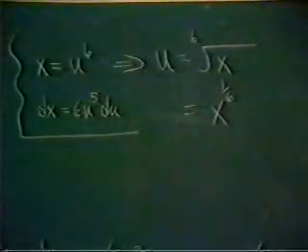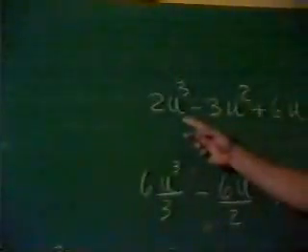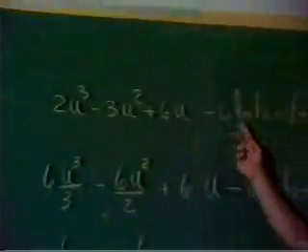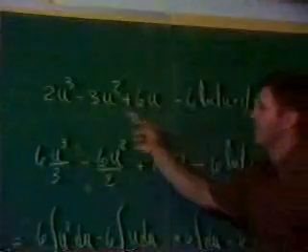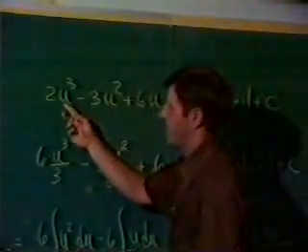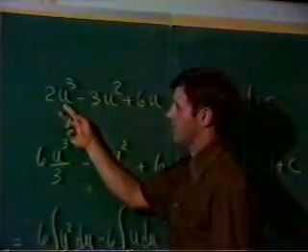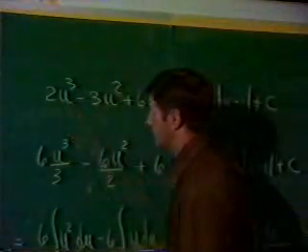So we must go back now to the antiderivative involving u, and everywhere we have a u, we would put in the 6th root of x, or x to the 1/6 power.